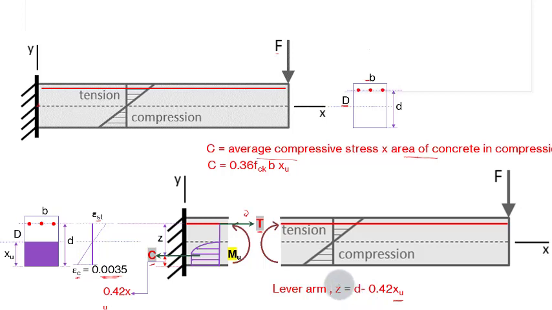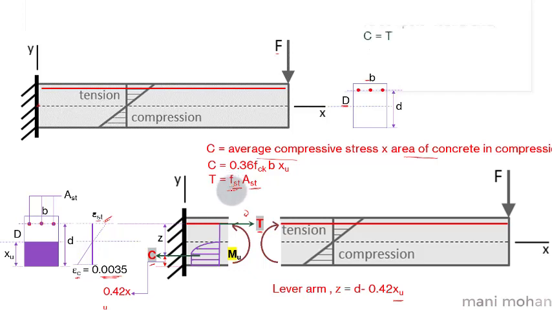If we consider the area of reinforcement as Ast, the tensile force will be the product of stress in steel reinforcement fst and area of steel Ast. Stress in steel can be calculated if we know the strain in steel. That is, if we know epsilon st, we will be able to know the corresponding stress in steel.